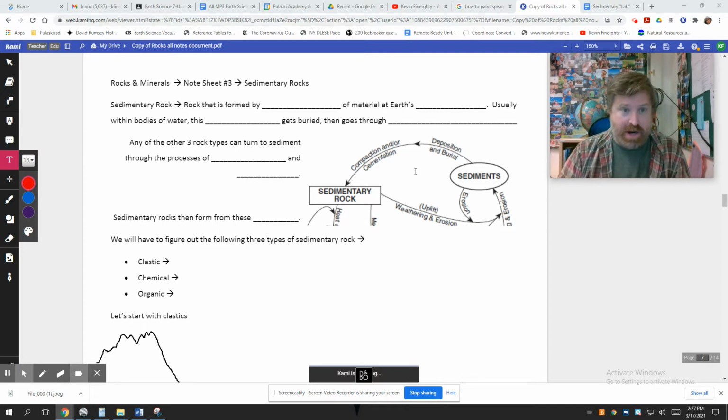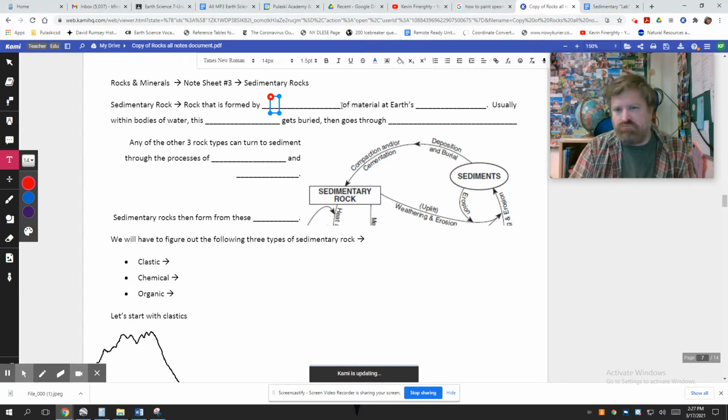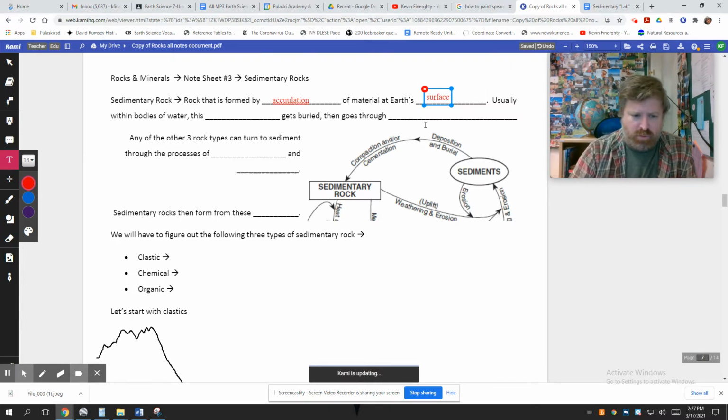All right, so sedimentary rocks, which are great. Maybe they're my favorites. They're rocks that are formed by an accumulation of material at Earth's surface.